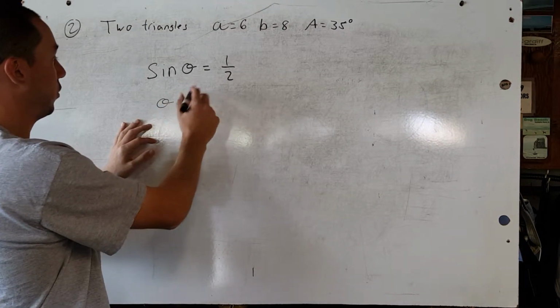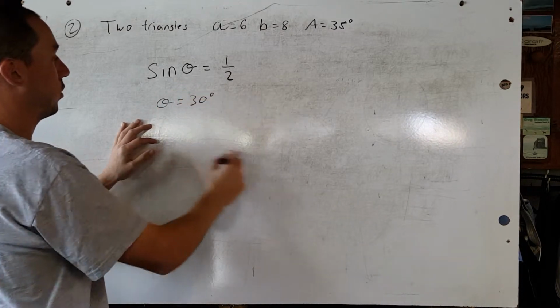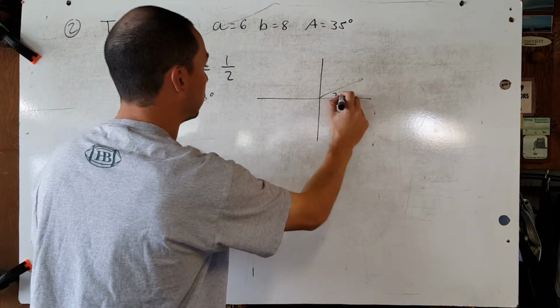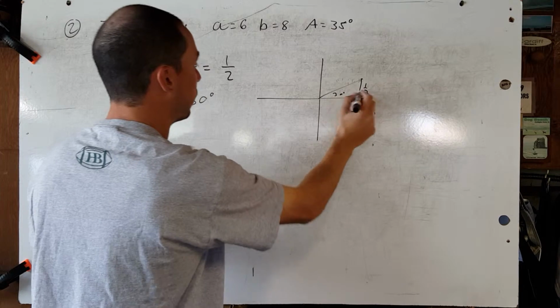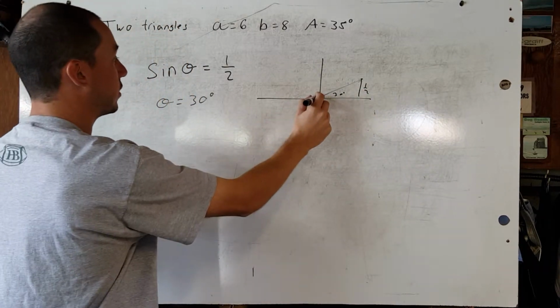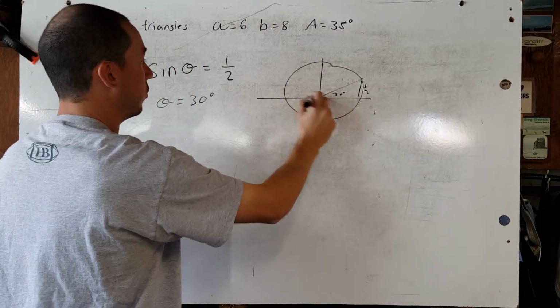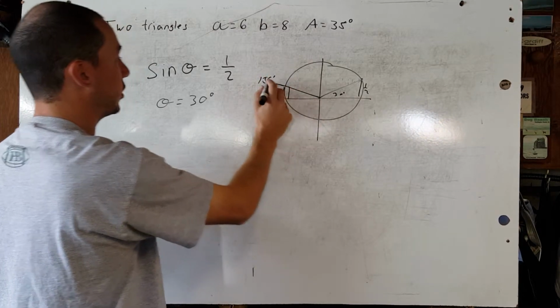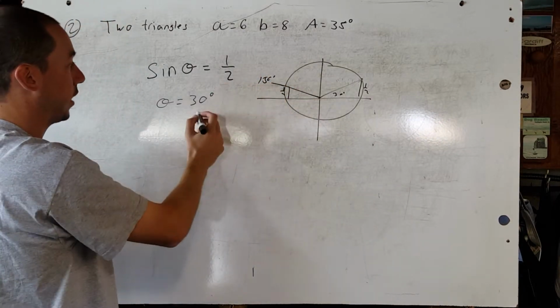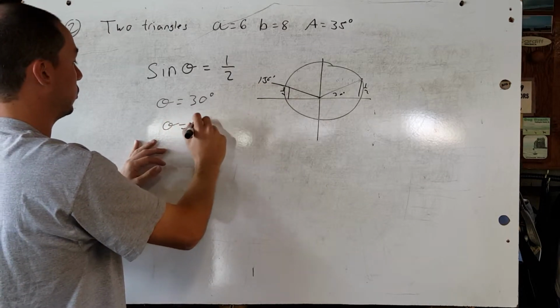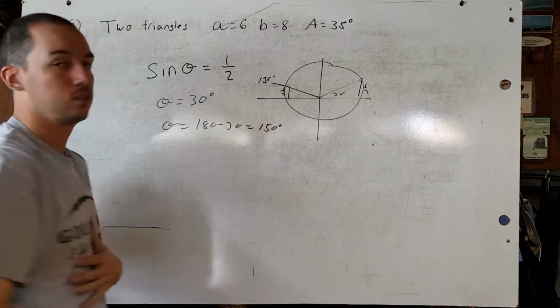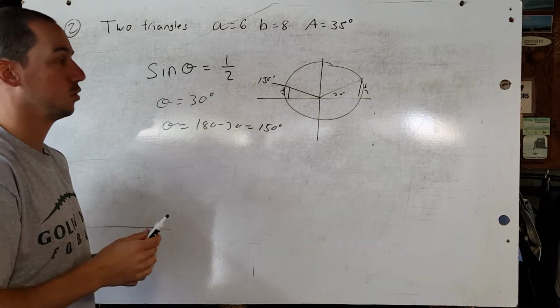Theta equals 30 degrees, because the sine of 30 is 1/2. We also know that the sine of 150 is also 1/2, because 150 is 180 minus 30. Theta equals 180 minus 30, which is equal to 150. Again, using that idea to find those two possible angles for the triangle.